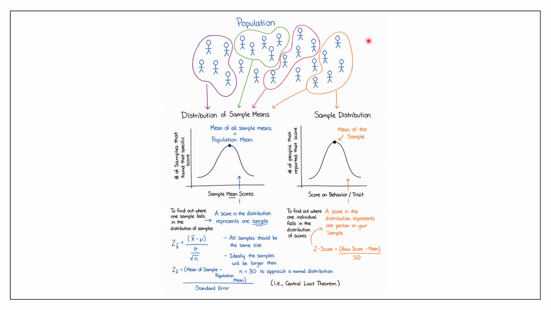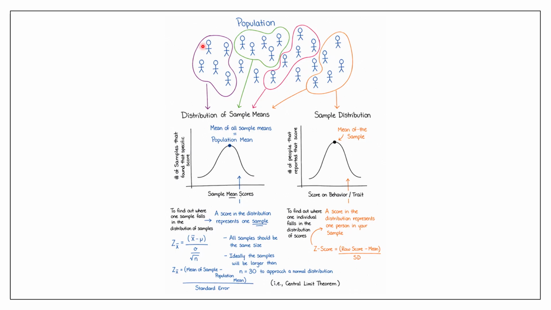So now if we go back and look at our population, again, we see that we have a sample that is like a circle in purple, another one that's green, another one that's red or pink, I think, and then another one that is orange. All of those samples are represented in this distribution. But what is happening specifically is that I measure the score for each individual in the sample, and then I average those.